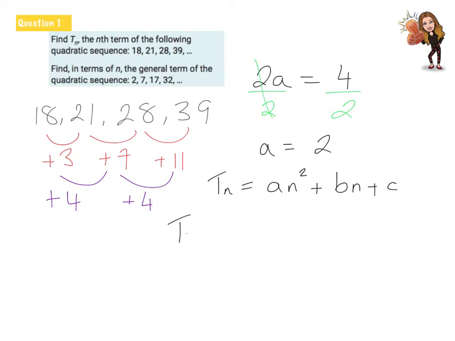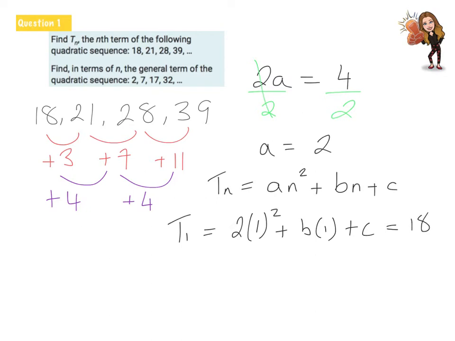T of 1 is equal to 2 times 1 squared plus b times 1 plus c, and that's all equal to 18 because 18 is the first term.